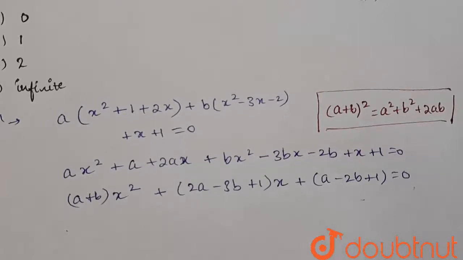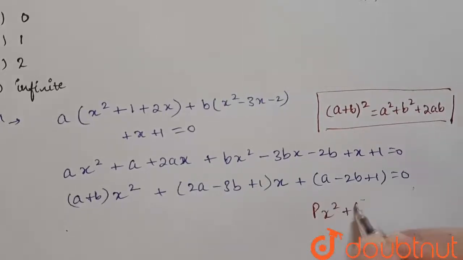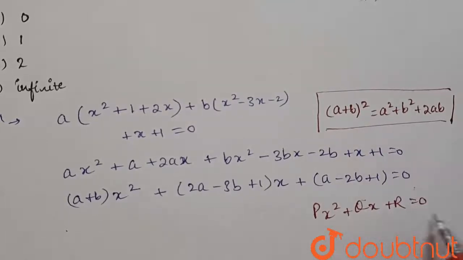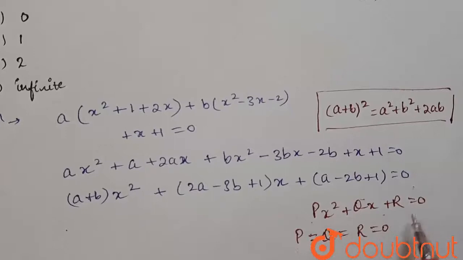Let's say px² + qx + r = 0 is a quadratic equation. For this to be an identity, we must have p = q = r = 0. The values of the coefficients must be equal to 0.